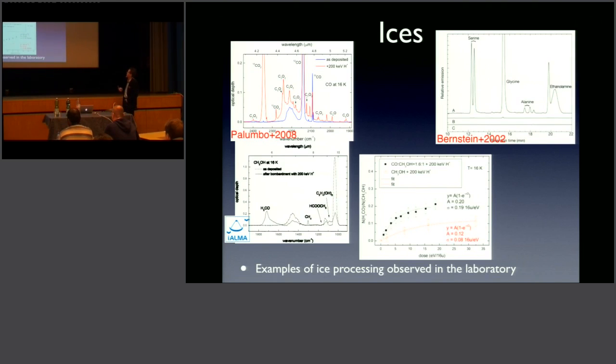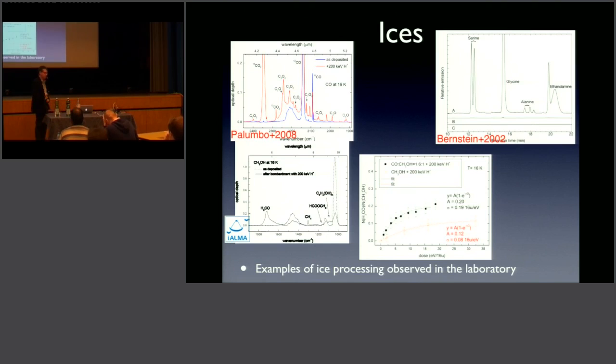If you go even beyond this, you get a more complicated ice containing nitrogen compounds, so for example N2 and NH3, which form in the gas phase and then can go onto the ices, then CO, then methanol, and you do this processing. You can even create something that is even more interesting from a prebiotic point of view, because from an ice that originally did not have it, you can create an ice that contains amino acids, for example, okay?